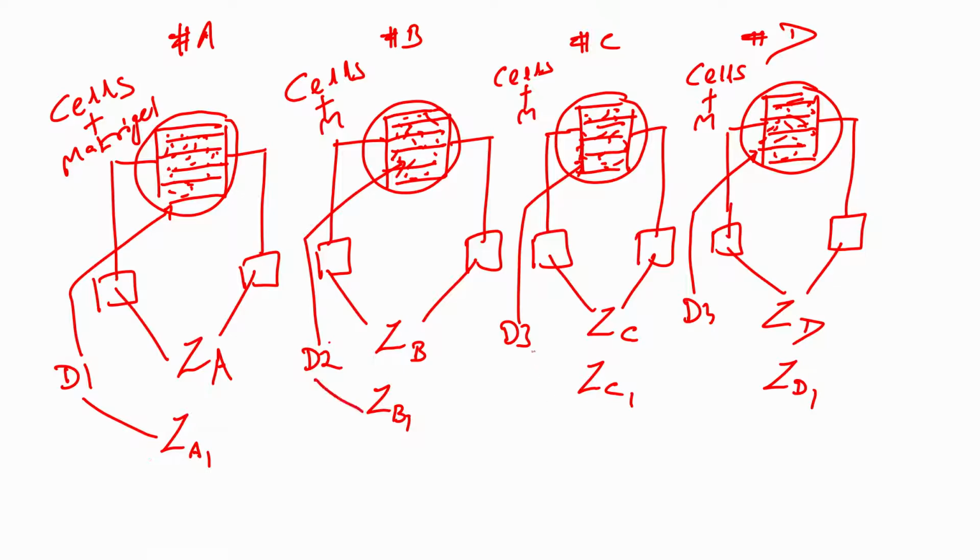The drug for which the change in impedance from its base impedance is maximum, that drug I have to give to that particular patient, because that drug is more effective. You got it? That is what I said.